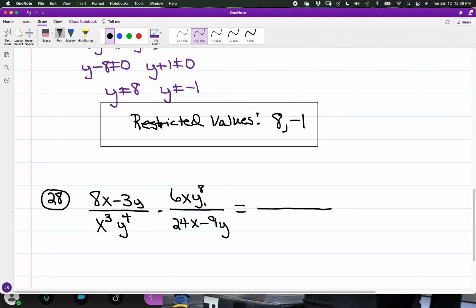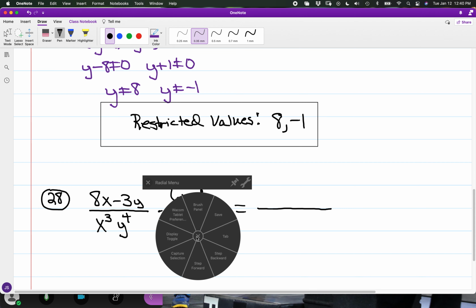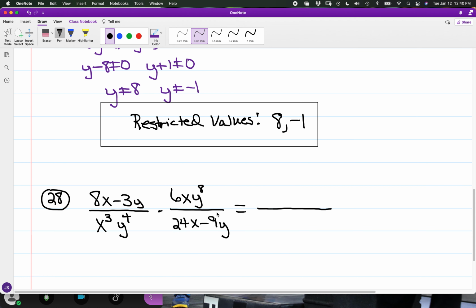So we have 8x minus 3y all over x cubed y to the 4th, times 6xy to the 8th all over 24x minus 9y. Now, out of the expressions that we can factor, we have 24x minus 9y, so we can factor out a positive 3.